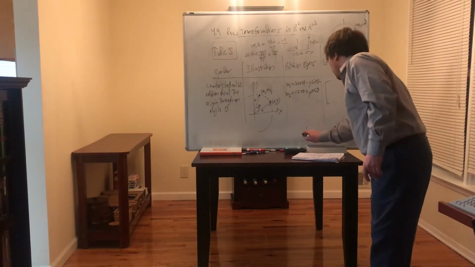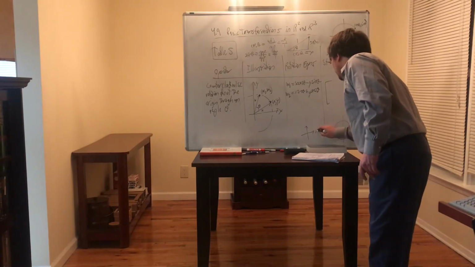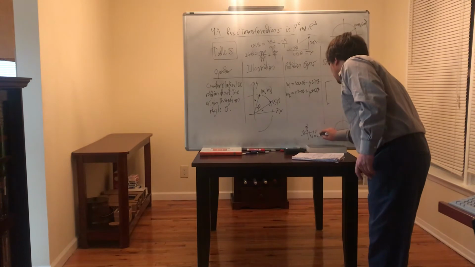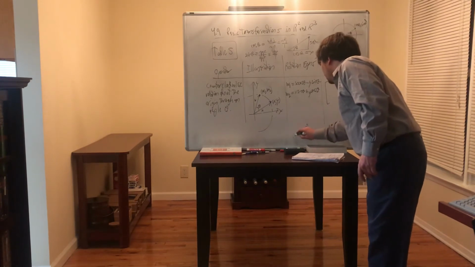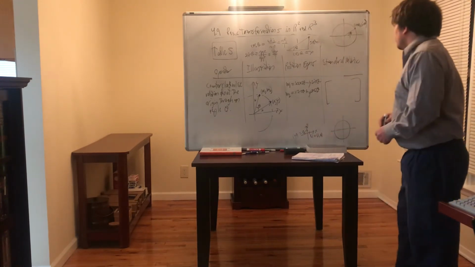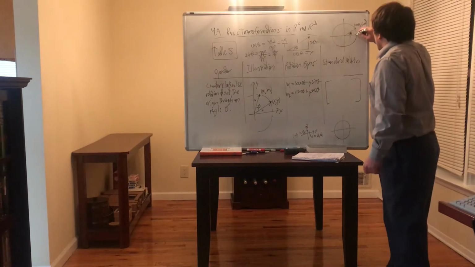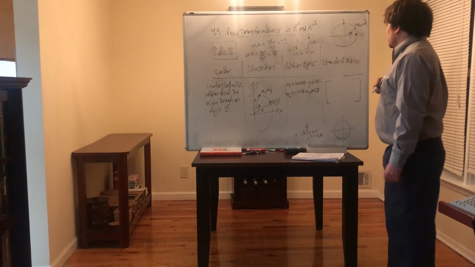The standard basis for R2 is E1 and E2. So here's E1 and here's E2, right? E1 is 1, 0, E2 is 0, 1.